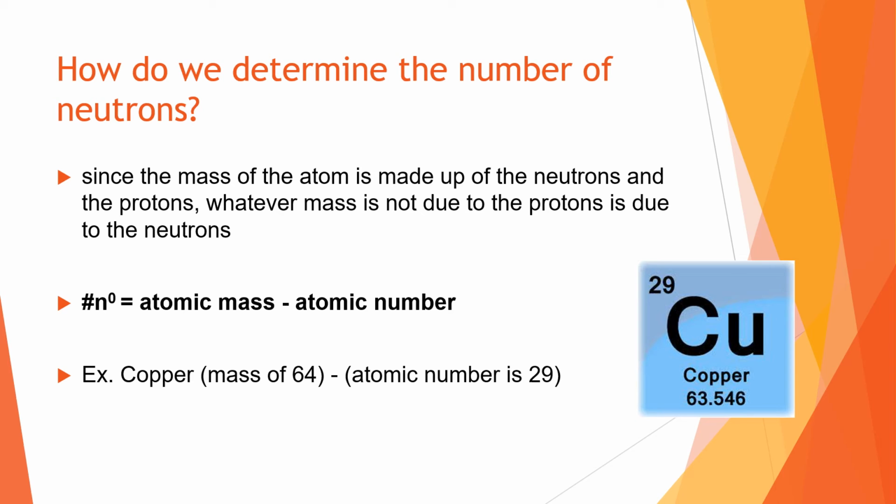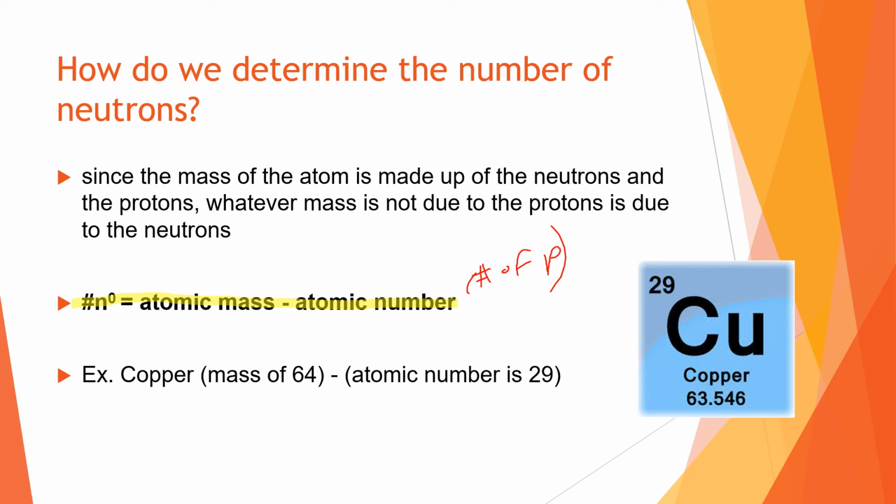In order to figure out the number of neutrons, you use this formula here. The number of neutrons is equal to the atomic mass subtract the atomic number. Remember, the atomic number is really also the number of protons. 29 is the atomic number and the number of protons.